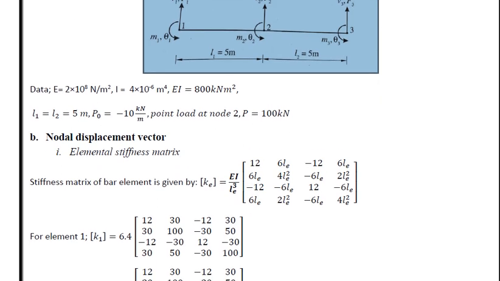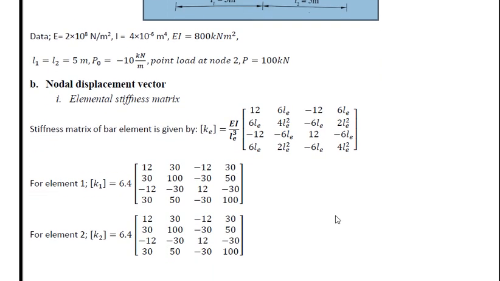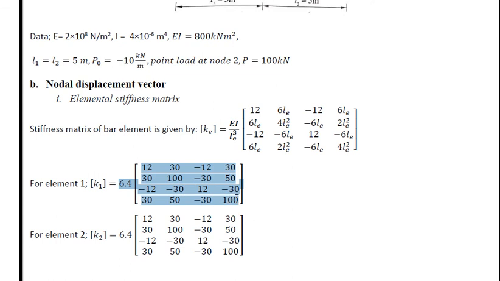As usual, the elemental stiffness matrix we have to solve for each element. For the first element, the general equation is given as EI by L cube, and this is the equation which I have told you earlier. If we substitute the values, we will get K1 like this. We have to take Young's modulus in Newton per meter square, and I in meter to the power of 4.